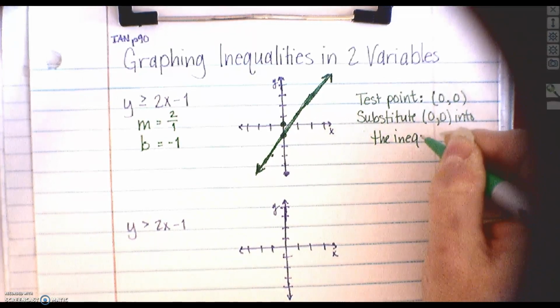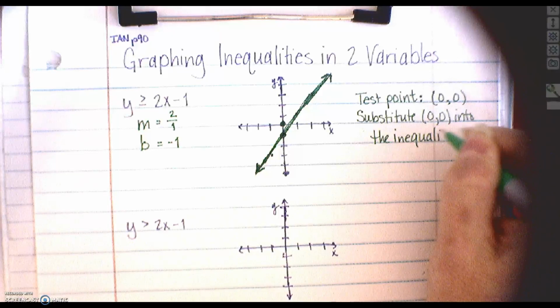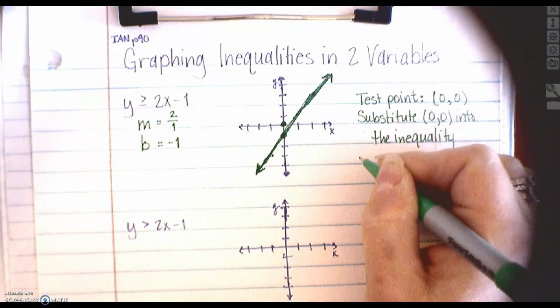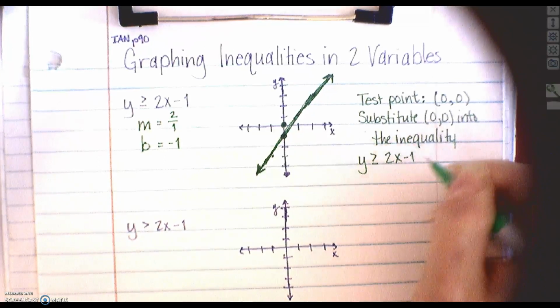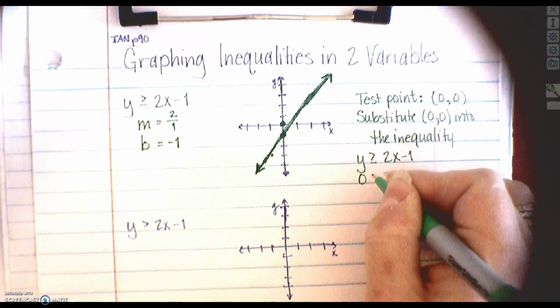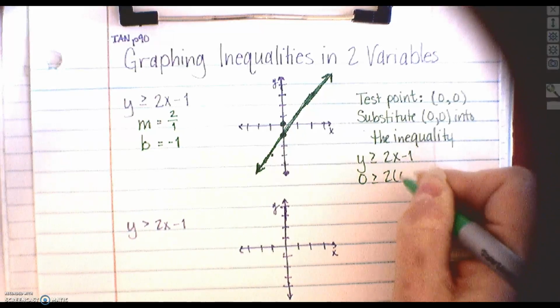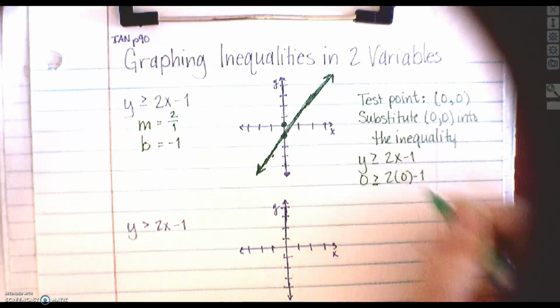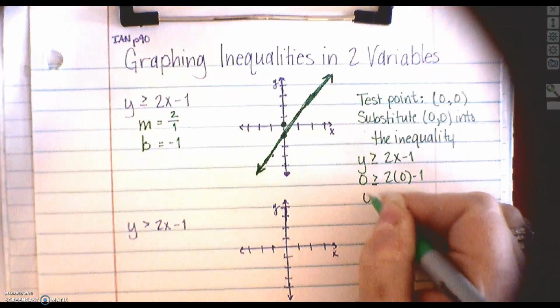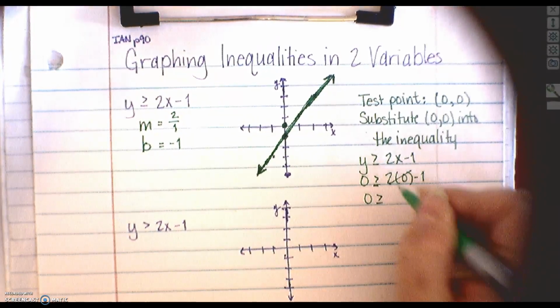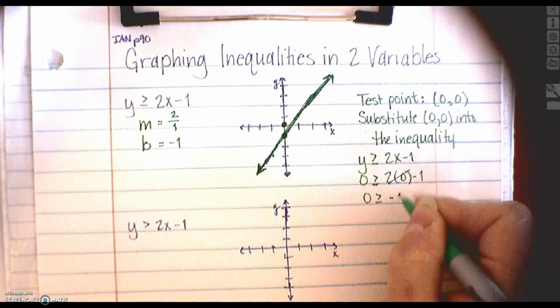So we all know what it means to substitute a value for a variable. Y is greater than or equal to 2x minus 1. Y is 0. X is 0. Okay? And then we're going to solve. 0 is greater than or equal to 2 times 0, which is 0, minus 1.